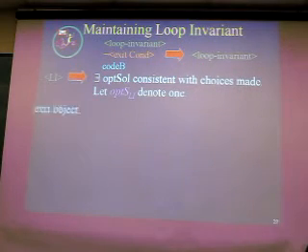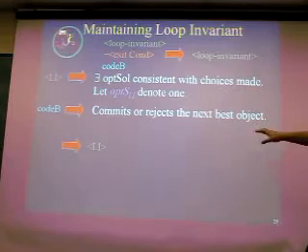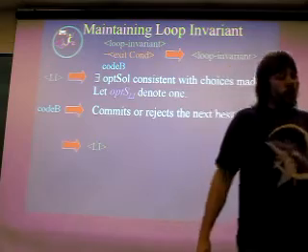Right? So then, what does the code do? Well, we know the code. The code looks at the next best object and either commits to accepting it or rejecting it or painting it blue, right? And then, now we have to prove the loop invariant again. And what do we have to do?